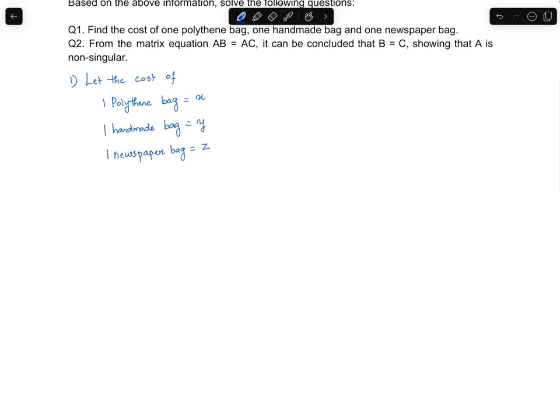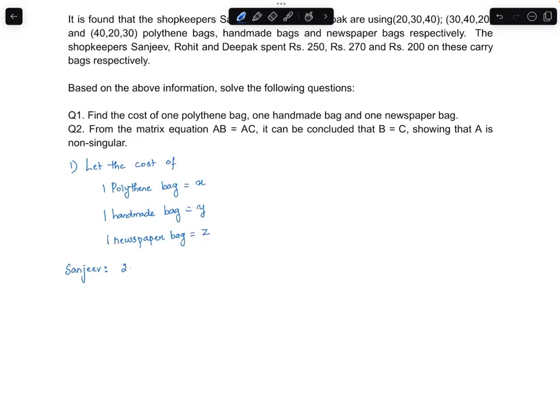Based on the usage, we can write the equations for each. For Sanjeev, it is 20x plus 30y plus 40z is equal to 250.